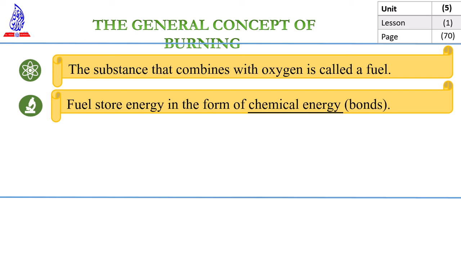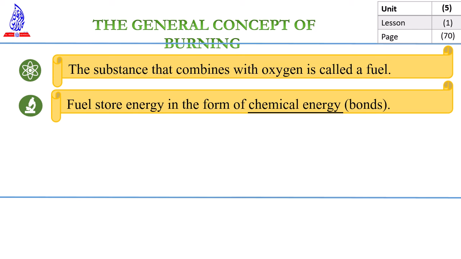Fuel includes atoms, and between atoms there is a bond, maybe a covalent bond, maybe an ionic bond, maybe any bonds between these atoms. These bonds are very important because any bond has a specific energy when it is broken or when it is formed.